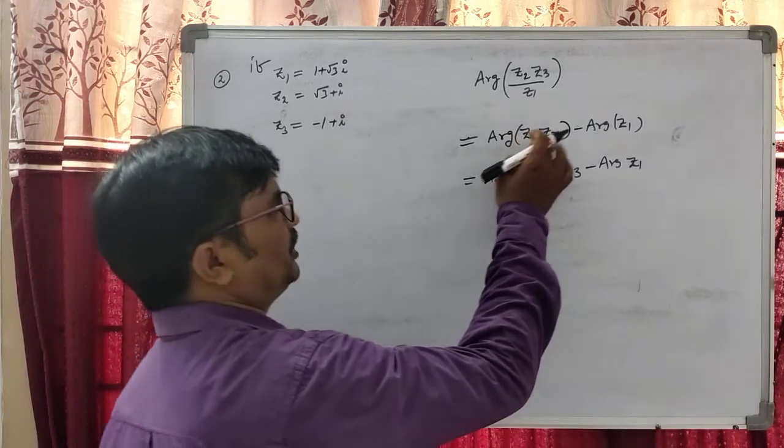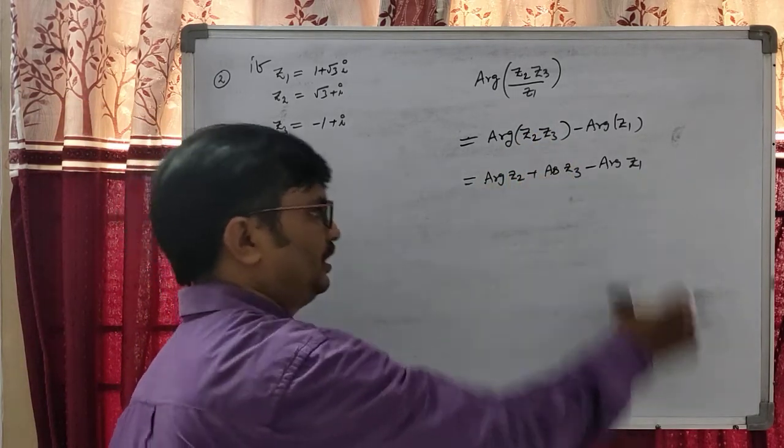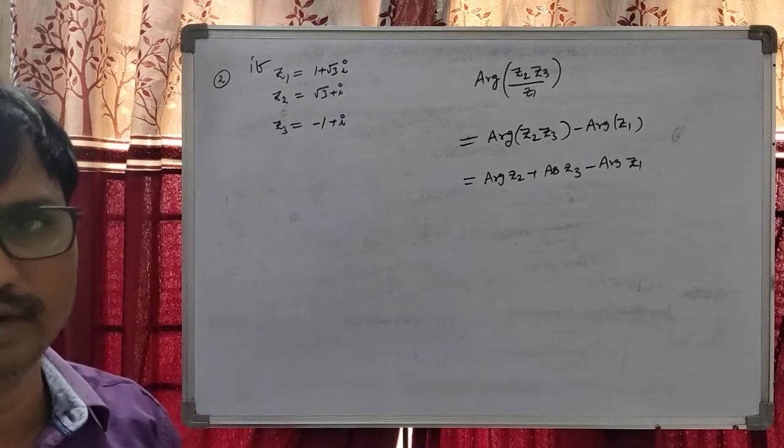So the argument of Z2 Z3 is argument of Z2 plus argument of Z3, minus argument of Z1.